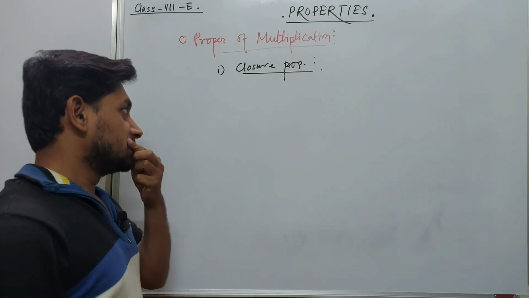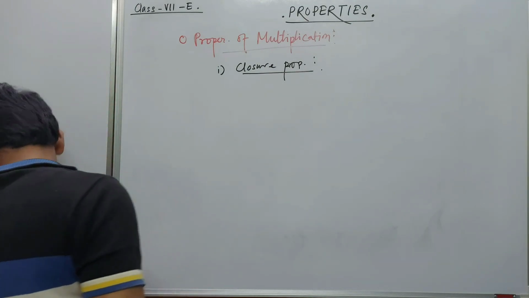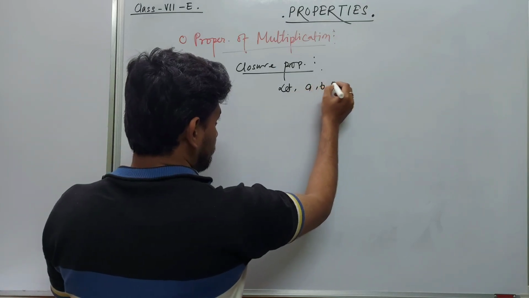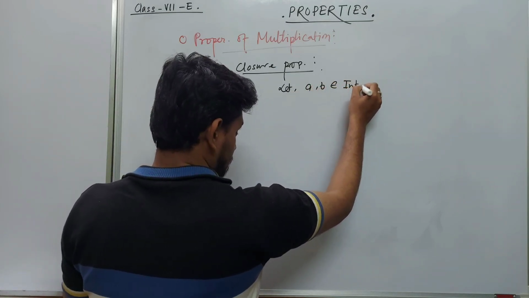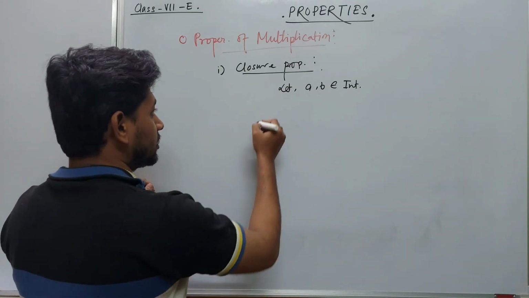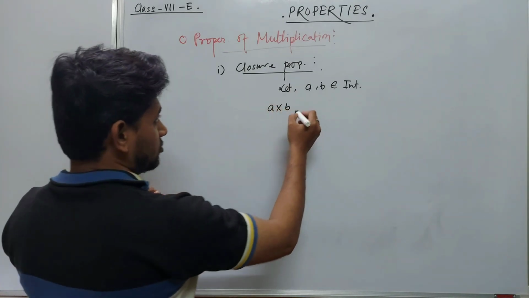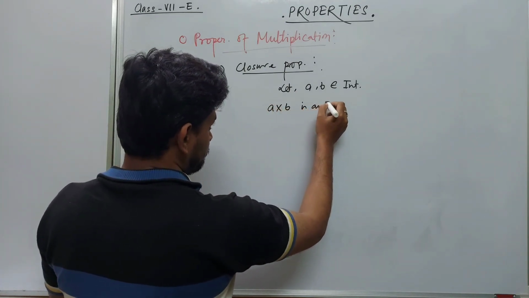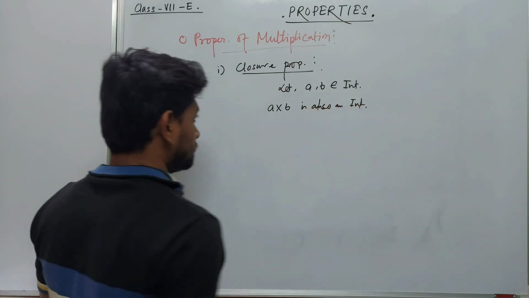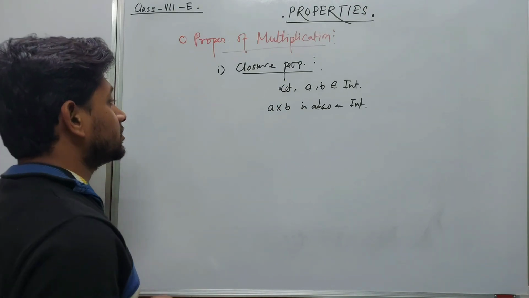That is, if we take two numbers a and b from integers, let a and b belong to integers, then we can say the product of a and b is also an integer. That means the integers are closed under multiplication.